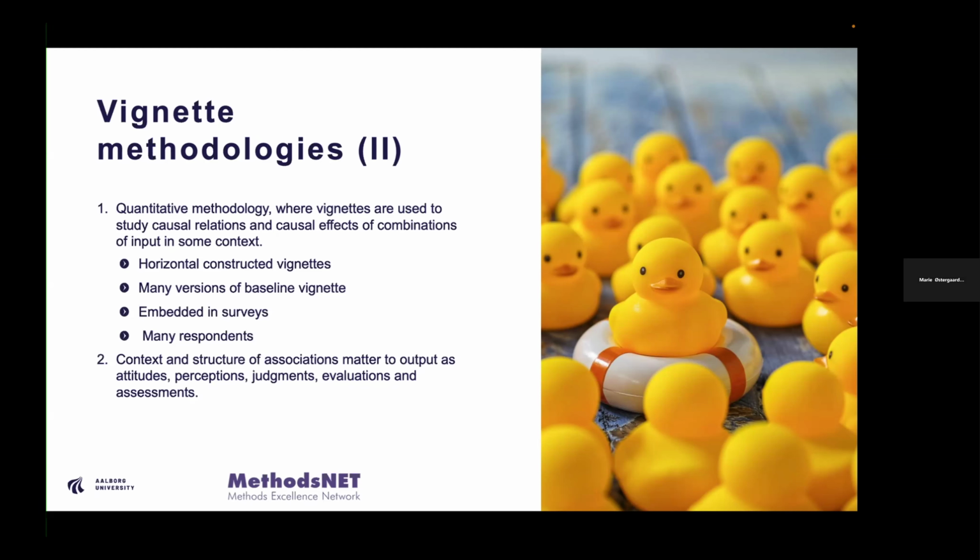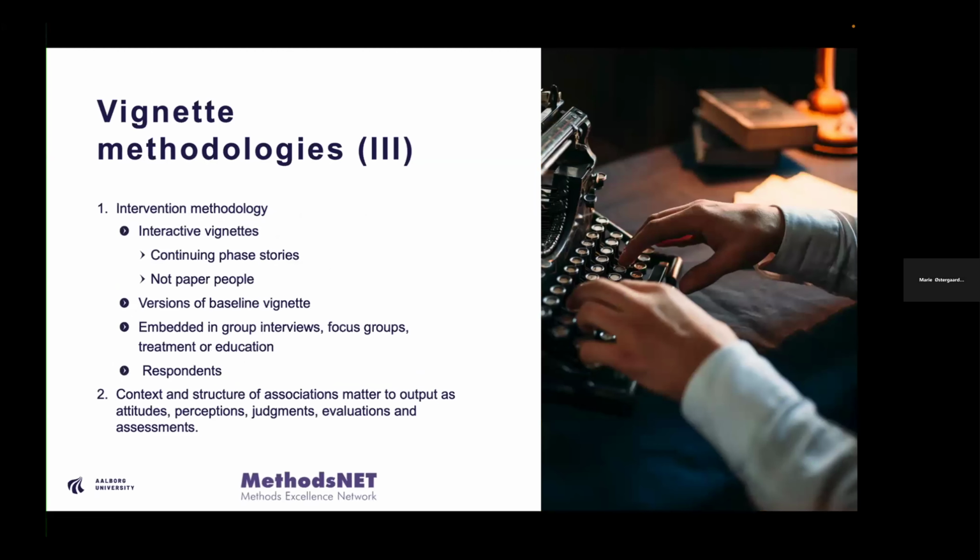Again, totally the same as in the qualitative methodology: you use it in quant when you know that context and structure of associations matter to output, and that context and structure of associations appear as attitudes, perceptions, judgments, evaluations of situations and assessments. So in a way, it is the same overall understanding of social reality.